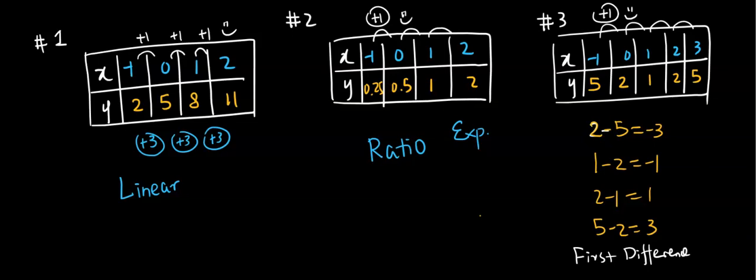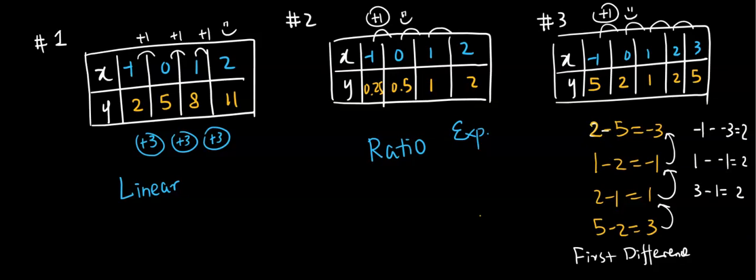Let us try again. What if we subtract again? We're going to use negative 1 minus negative 3. We have 2. We're going to use 1 minus negative 1. We have 2. We're going to use 3 minus 1.